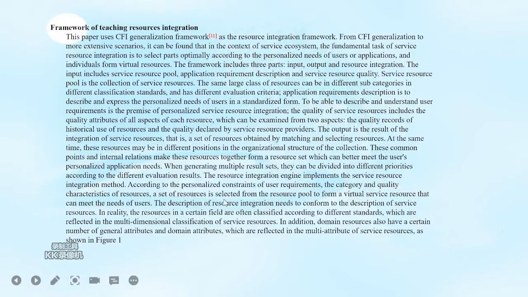A set of resources is selected from the resource pool to form a virtual service resource that can meet the needs of users. The description of resource integration needs to conform to the description of service resources.